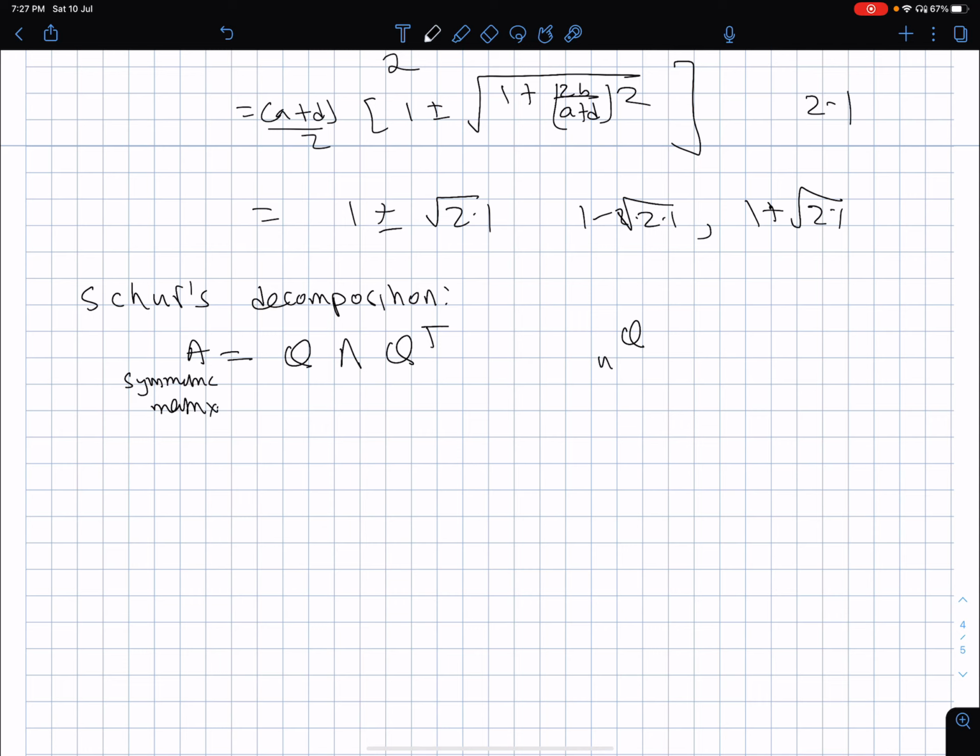An orthogonal matrix is an n cross n matrix such that Q transpose Q is equal to Q Q transpose is equal to identity. That means two things.